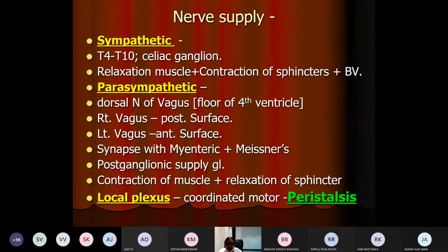Right vagus, posterior surface, left vagus, anterior surface. Synapse with myenteric plus Meissner's plexus. Postganglionic supply to the gland. Contraction of muscle plus relaxation of sphincter.